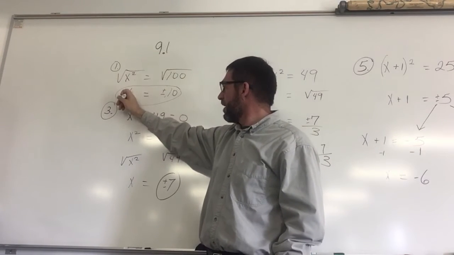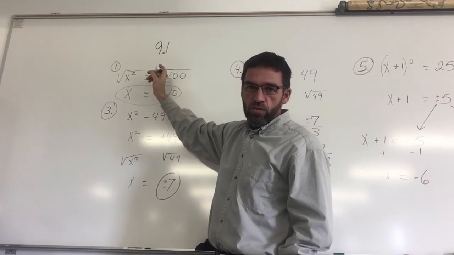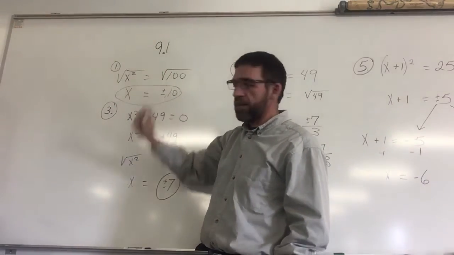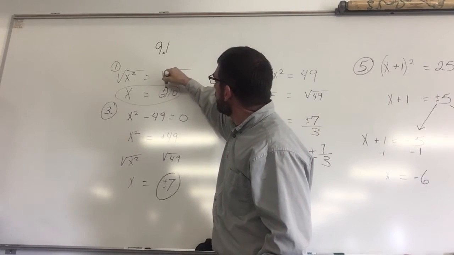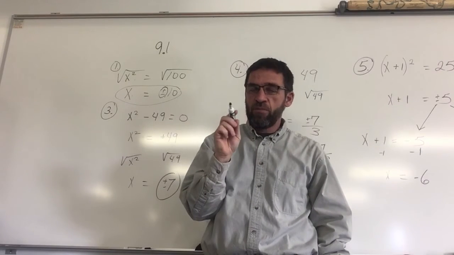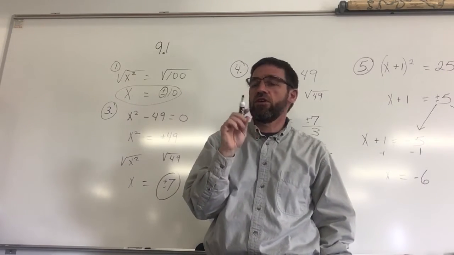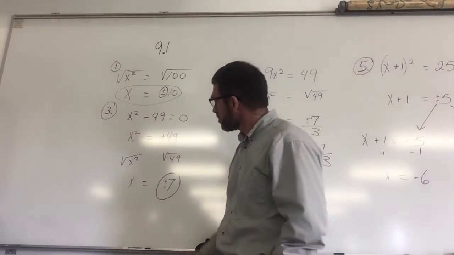X squared isolated the x, so I got x here. You know, the square root of 100 is 10, so I put plus or minus 10, and look what I did. You see that positive and negative? That positive and negative is part of my answer. If you put just x equals 10, it's not correct.